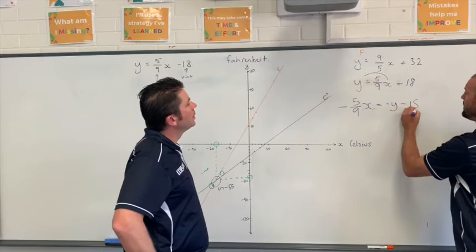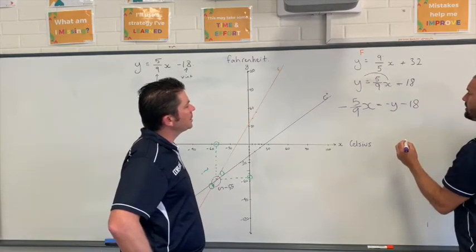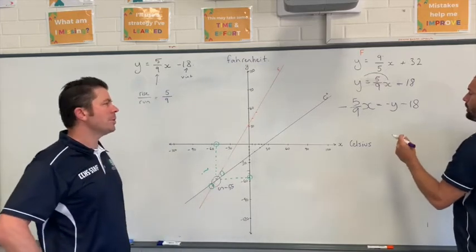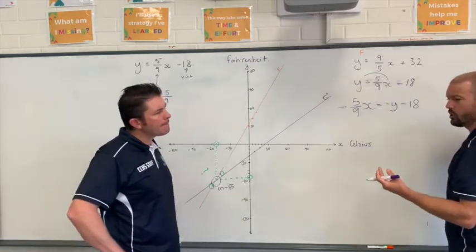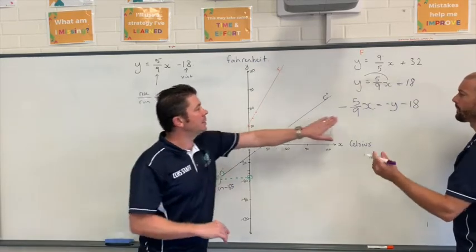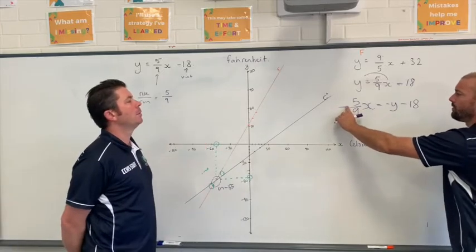Now, we need to get rid of some integers, don't we? So how could we get rid of the integers at this point? If you just opposited everything, you could opposite the whole lot. Whatever you did to this side, you did to that side, and that's all good. So what's the opposite of negative? Positive.